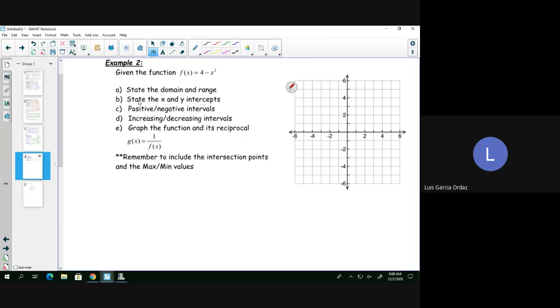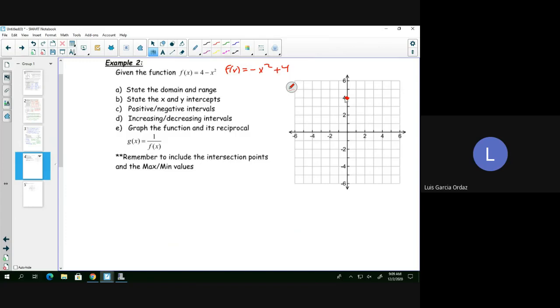So what would our y-intercept be? Or in this case, our vertex? 4. What value does our original function give us back? Positive and negative 1. But before we do that, can we factor this function out to give us our x-intercepts? Yeah. Okay, so first we're going to rearrange it to write negative x squared plus 4. So what can we factor out to make it a difference of squares?